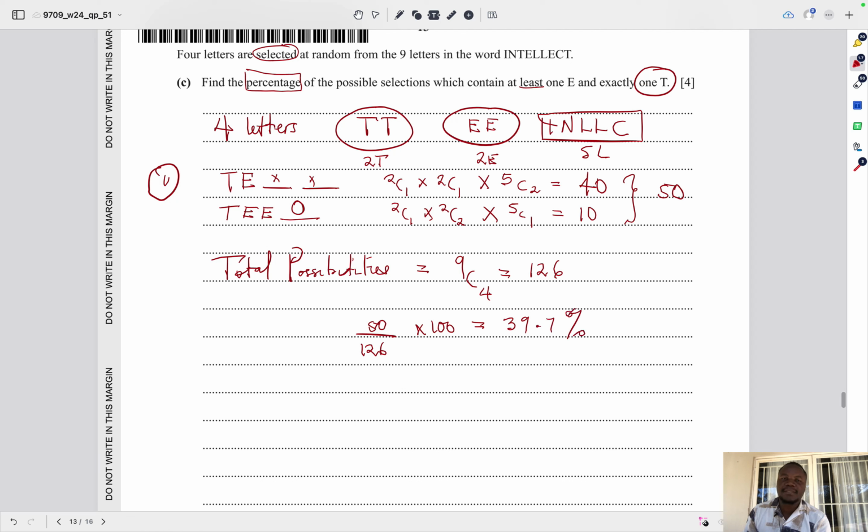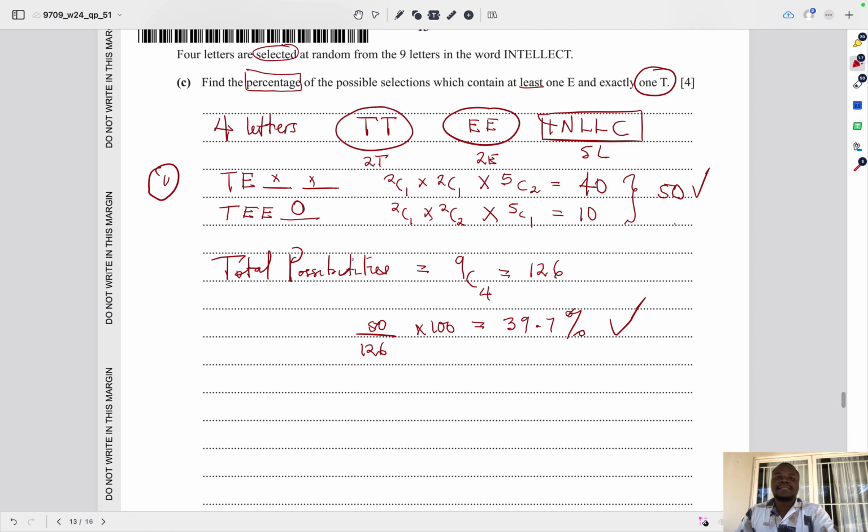Very, very important, something to remember: a percentage is just a way of expressing a probability. So this is how we come about this. And remember that probability is the desired outcomes over the total number of possible outcomes. The total number of possible outcomes is 9 choose 4, and then we look at the desired outcomes, which we just expanded.